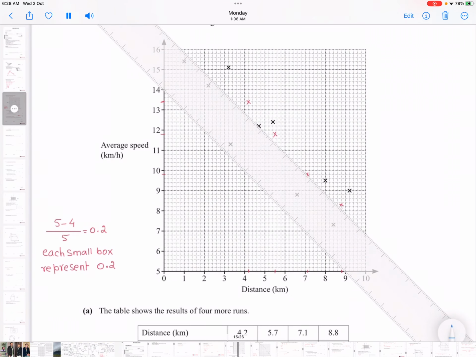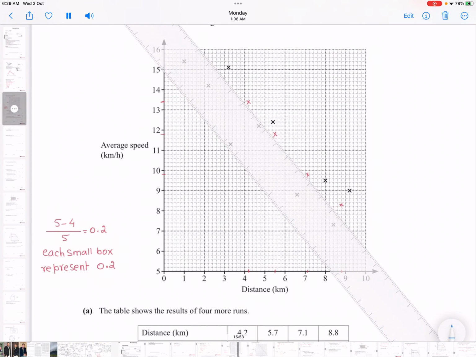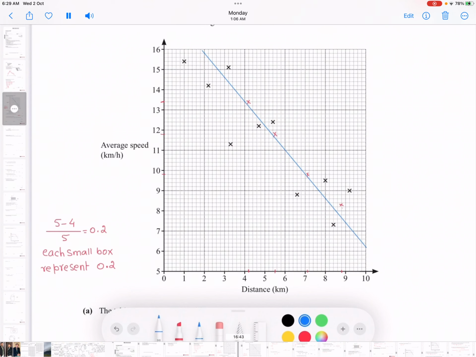So you place your ruler and try to adjust the crosses so that from your line the crosses should be almost the same on either side of your line of best fit. The examiner does not mind it because every student cannot draw at the same place.